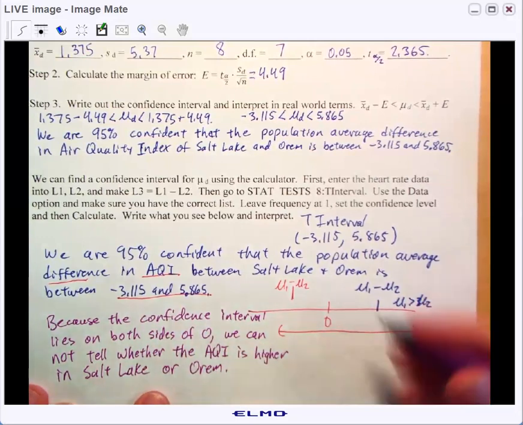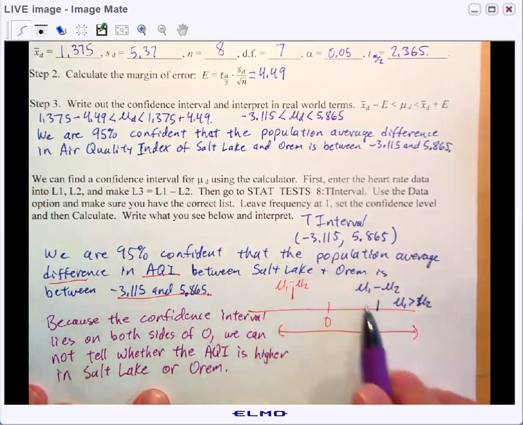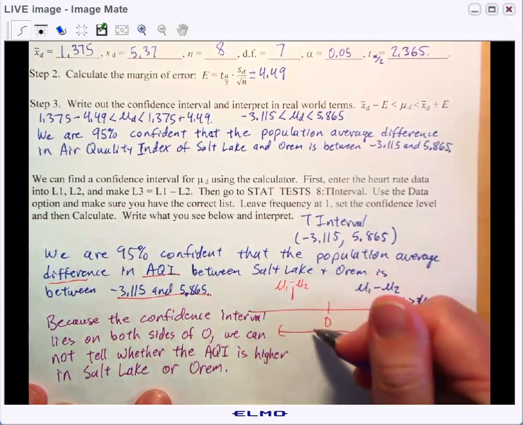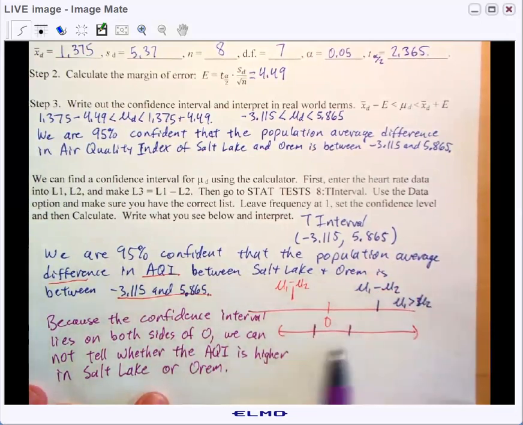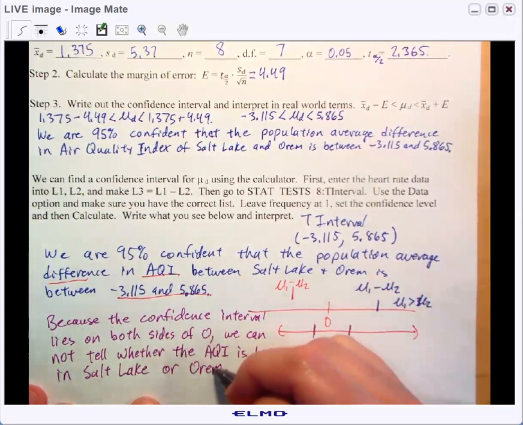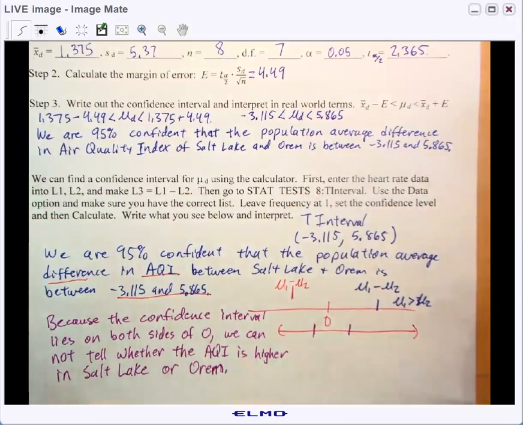So this would say right here that the Orem AQI is higher, meaning worse air. This would say that the AQI in Salt Lake is higher, meaning worse air in Salt Lake, but the true difference could be here or it could be here, so it's too close to call. Right now, all we can say is that it's too close to call, that we can't tell whether the air quality index is higher in Salt Lake or Orem.